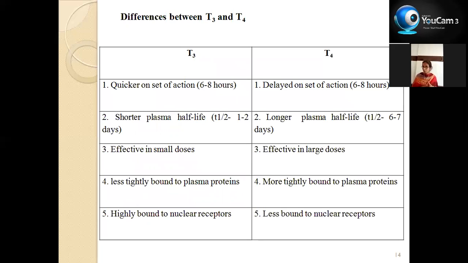T3 is effective in a smaller dose, means even smaller doses are enough for the T3, but only with higher doses is the T4 effective. T3 is less tightly bound to the plasma proteins, while T4 is more tightly bound to the plasma proteins. T3 is tightly bound to the nuclear receptors, and T4 is less bound to the nuclear receptor. So this is the difference between the T3 and the T4 hormones.